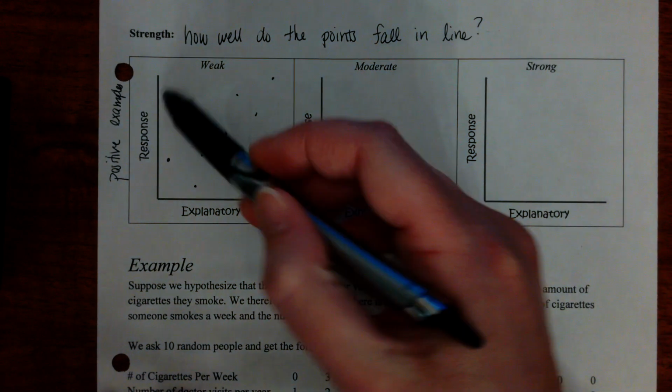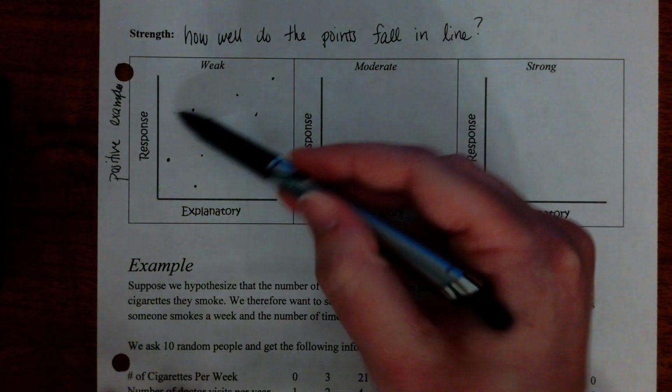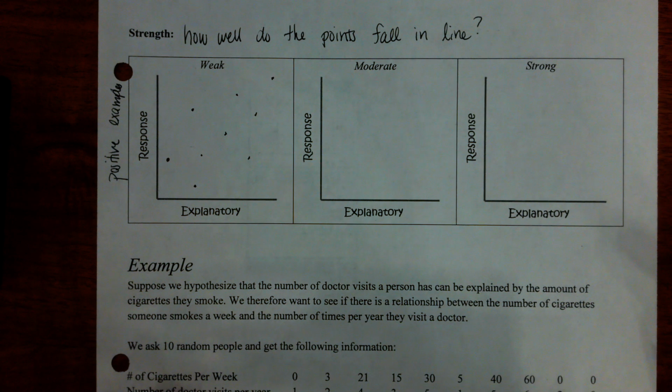And how you can tell with the weak is that you've got not a lot of space around our points, you can kind of tell that's a weak relationship. Our points are really spread out. But as we get closer to a stronger relationship, our points are going to get closer and closer together.